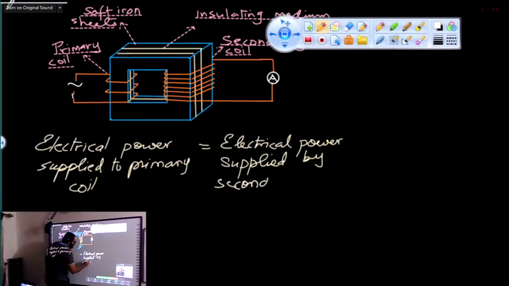Now, this is a very important part, and this is the part which actually defines why the combination of potential difference and current changes.